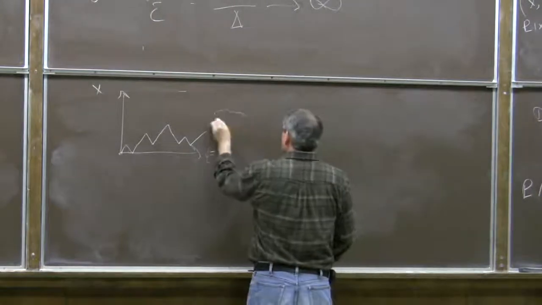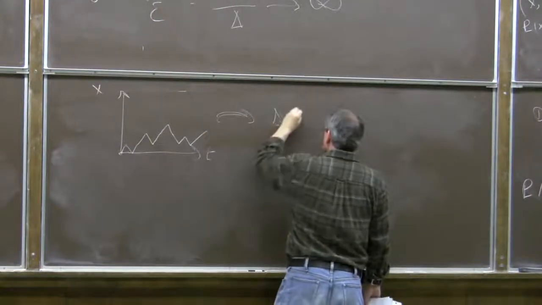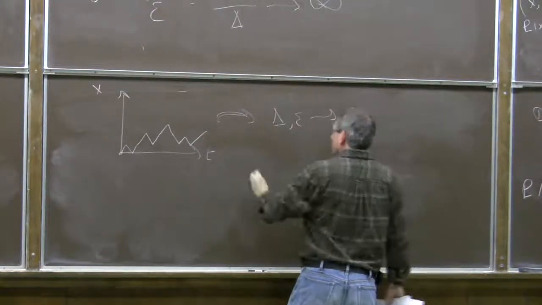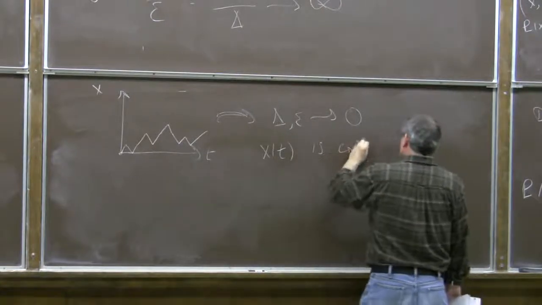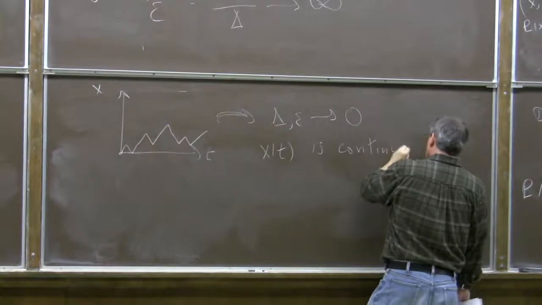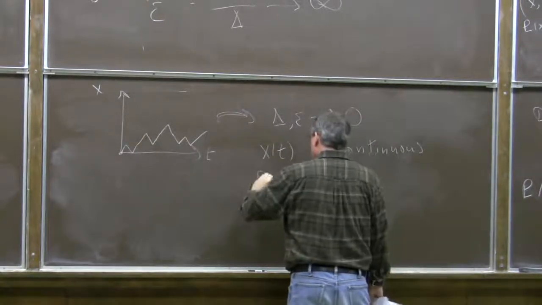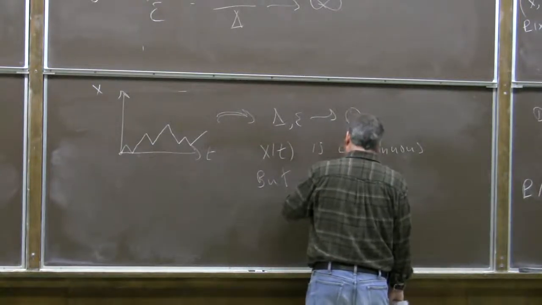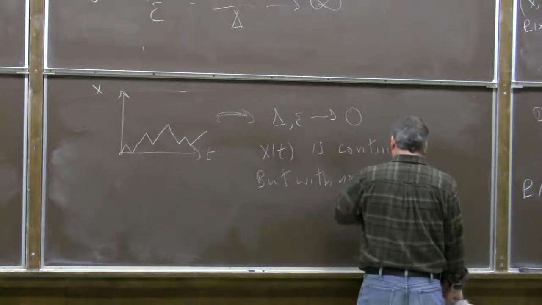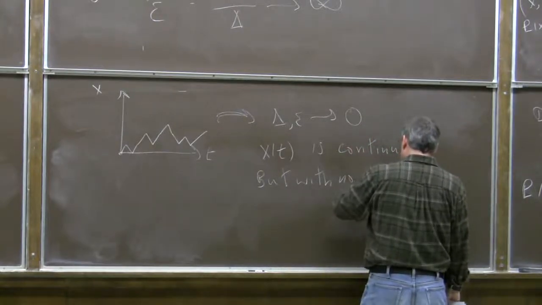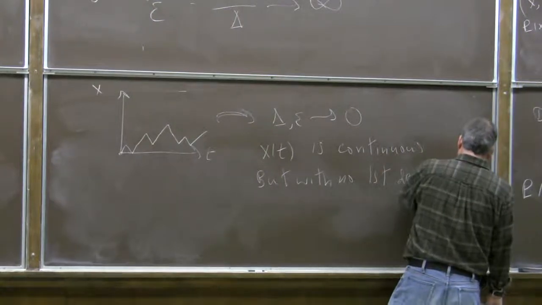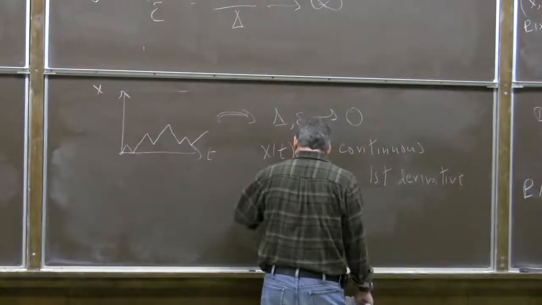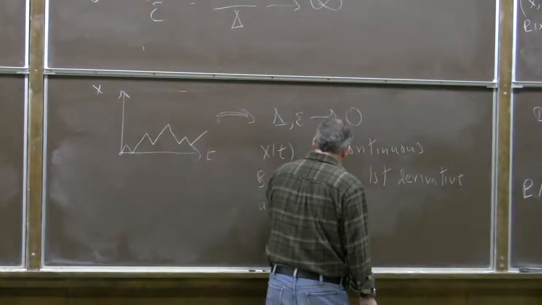And what happens as delta and epsilon go to zero is that x of t is continuous, but with no derivative at any point. No first derivative at any value of t.